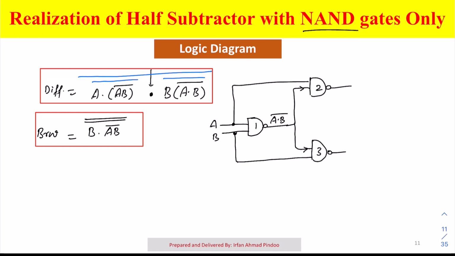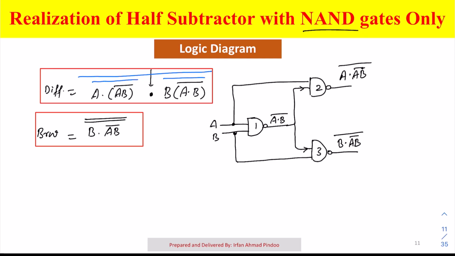Let us find the output of gate number 2 and 3. It is a NAND gate, so you multiply both the inputs and put a bar over it. So it will be (A dot AB bar) whole bar. Similarly, the output of gate 3 is (B dot AB bar) whole bar. Now if you look at this equation, we also have to do the overall multiplication of that, so that this bigger bar can also be implemented.